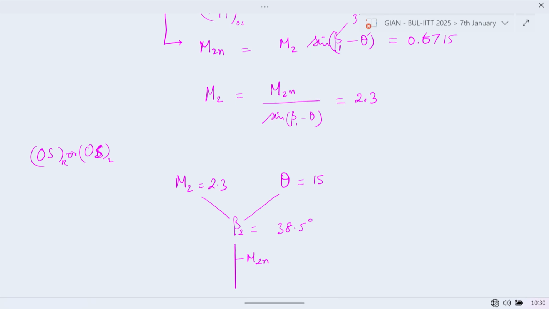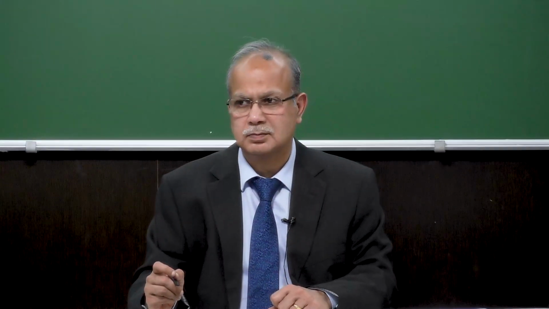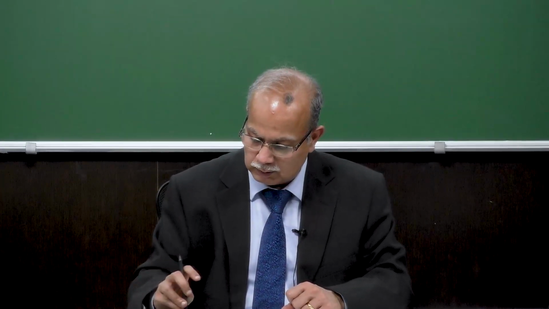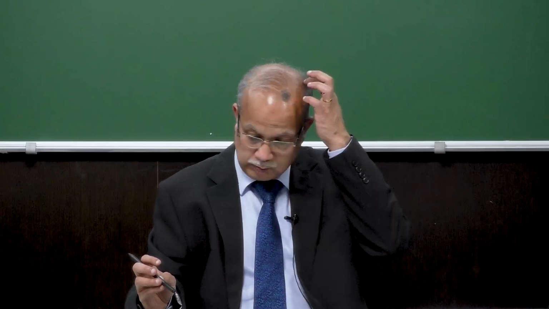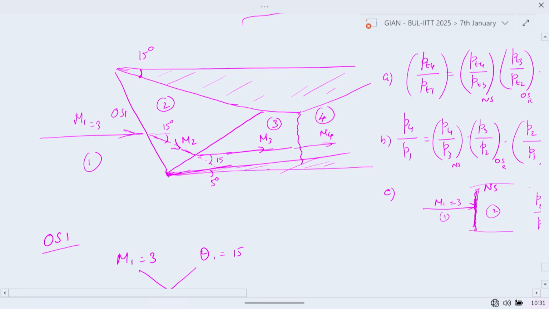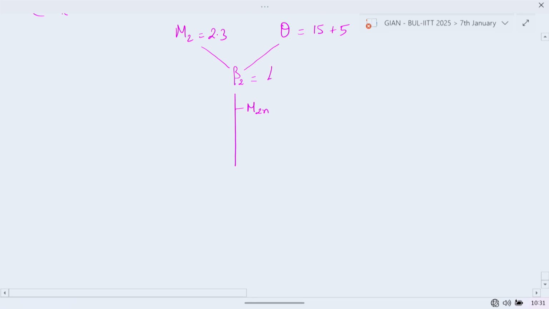So the flow has to turn by an additional 5 degrees, 15 plus 5. So 38.5 is not the right one. Not always will that be the case, but here 5 degrees is given. Is it 46 degrees?